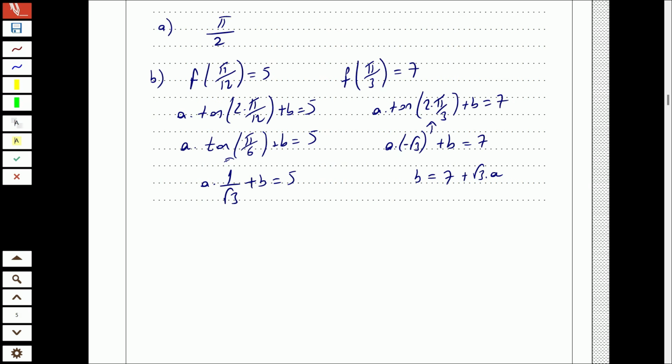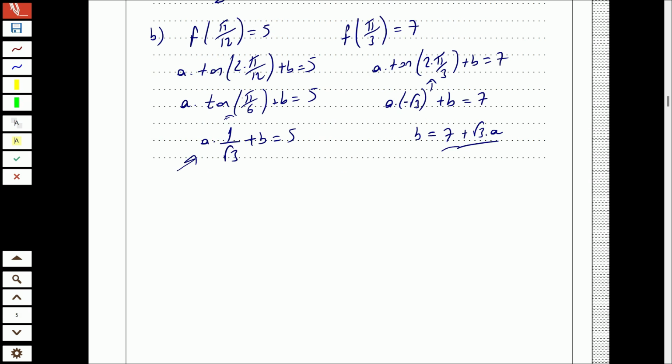I will replace this b in the first equation: alpha over square root of 3 plus 7 plus square root of 3 times alpha equals 5. If you combine the like terms in here, you will see that 3 alpha plus alpha over square root of 3 equals minus 2.